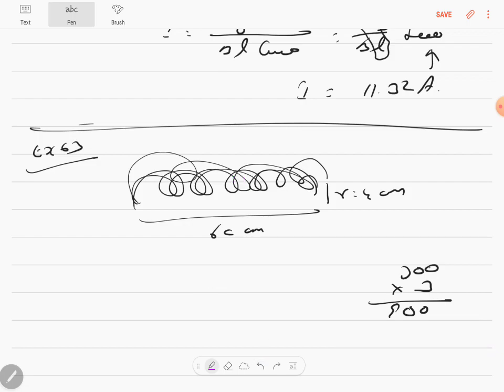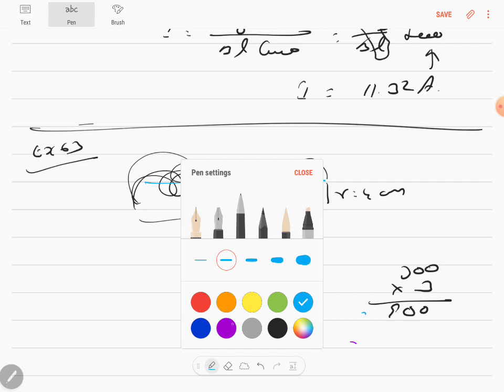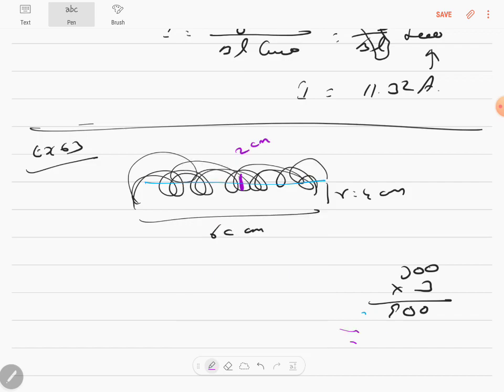Can I say the wire is going to be like this, which is normal to the axis, because the axis of the solenoid is like this. I hope I'm doing it correctly. Let's see. So it's a 2 centimeter long straight wire, which is 2 into 10 to the power minus 2 meter. Lies inside the solenoid near its center normal to the axis. Both the wire and the axis of solenoid are in a horizontal plane.